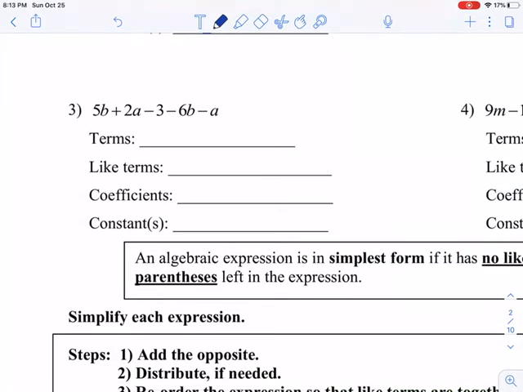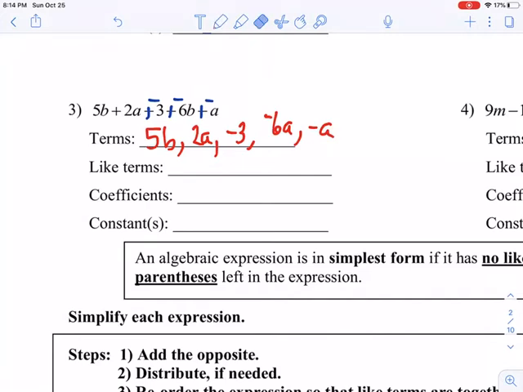Let's look at number 3. I'm going to go ahead and change subtraction to addition, next number to its opposite. And let's look at our terms first. It looks like we have 1, 2, 3, 4, 5 terms in this one. We have a 5b, a 2a, a -3, a -6a, and a -a. The like terms would be all of the ones that have the a's.